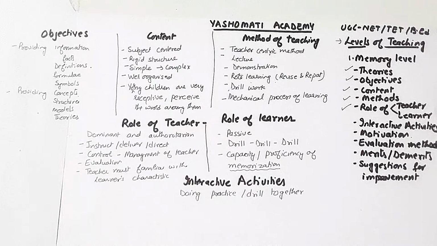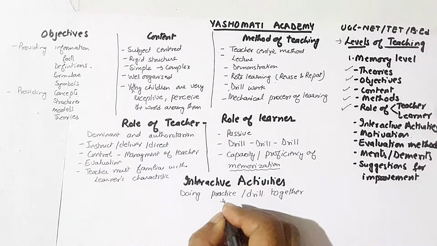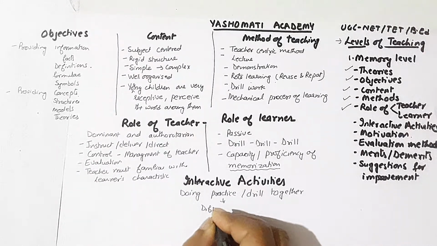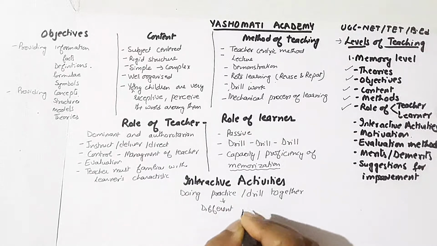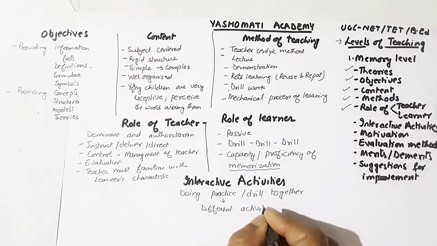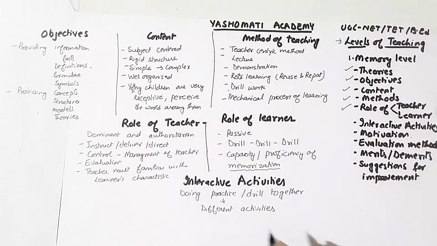And for doing this, he can devise different activities, so that it doesn't remain a monotonous process. If there are different activities, then both the learner and teacher will take interest in those activities and learning will be better. There can be use of certain teaching aids too.